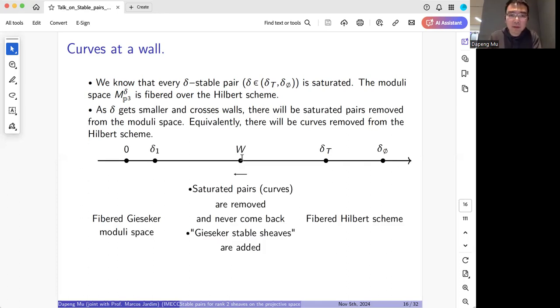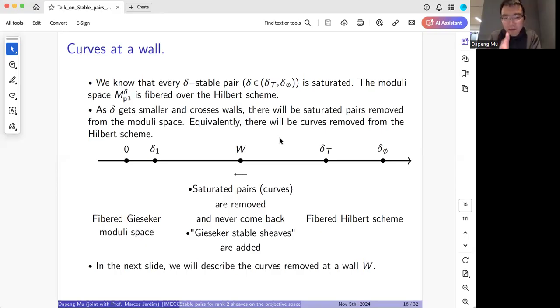This is the philosophy: we cross walls from right to left, gradually lose some curves, but gain some Gieseker stable sheaves. In the next slide, I will describe the curves killed at the wall W when crossing W.